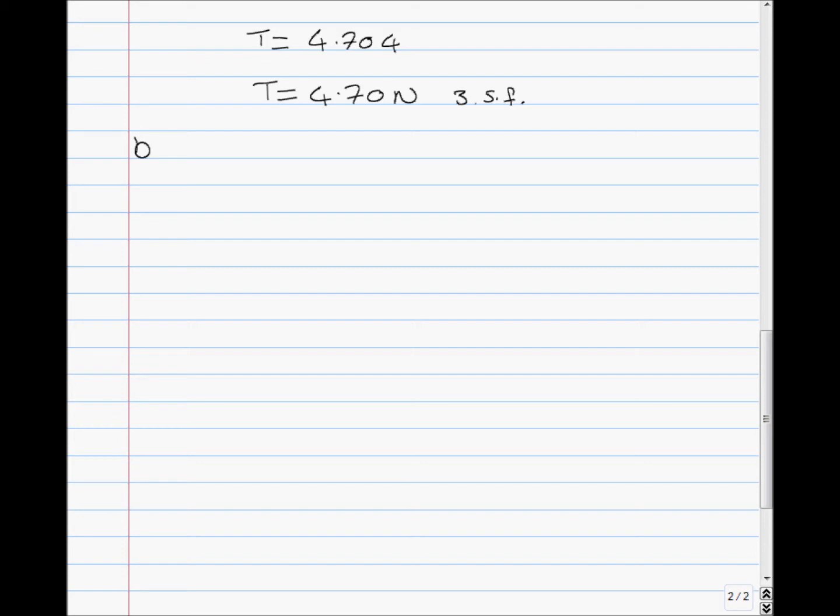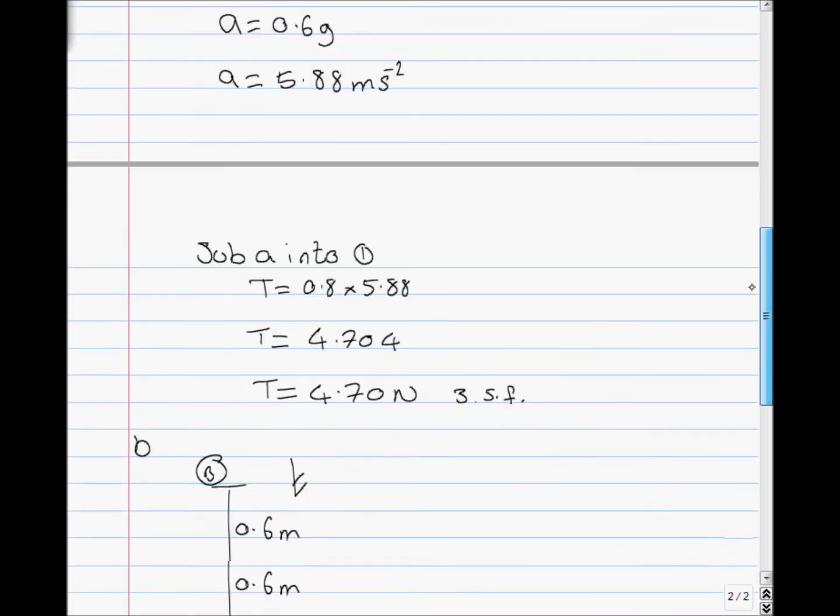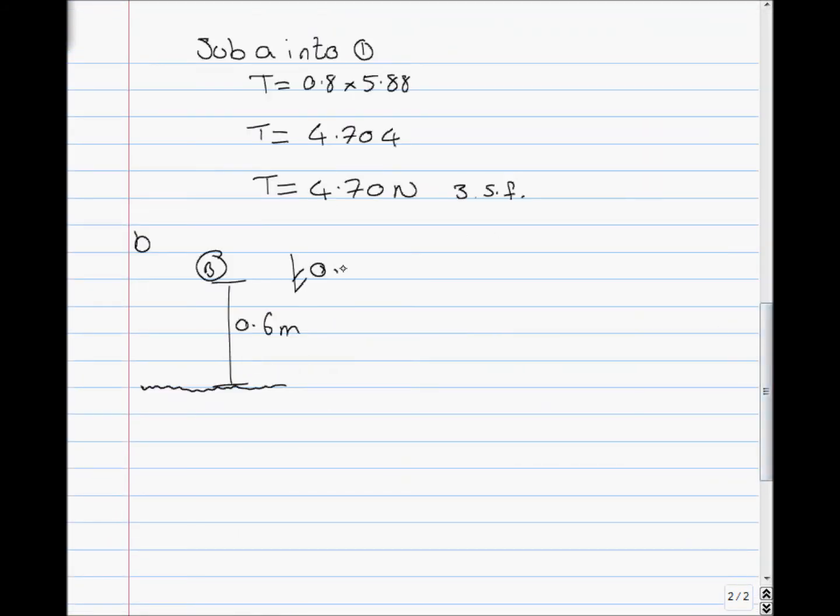So I've got particle B, which is 0.6 meters above the ground, and it is accelerating towards the ground at, what did we say, 0.6 g meters per second squared.